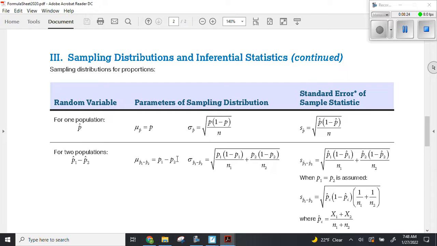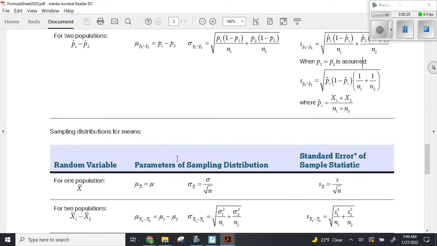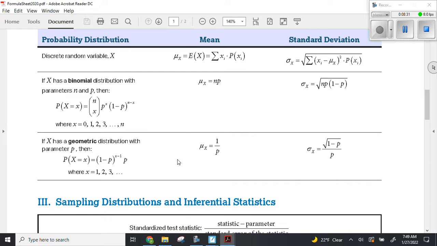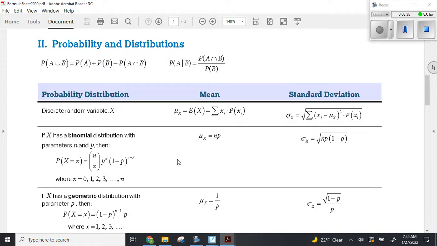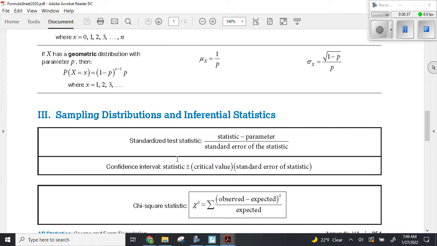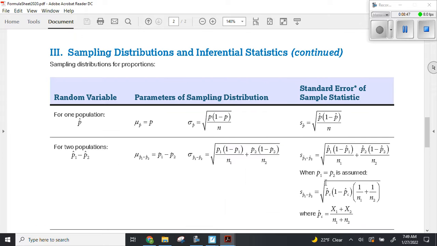But you have to fill in some blanks. So here you are for a confidence interval, right? You're going to get your statistic, critical value, and standard error. And the standard errors are here.